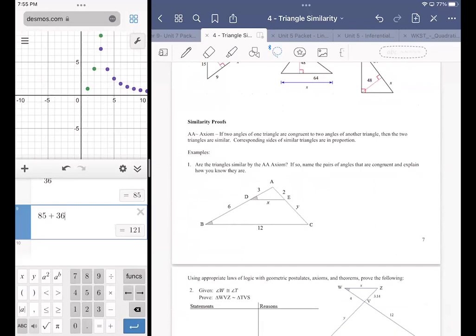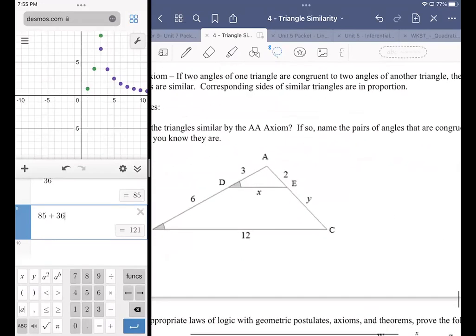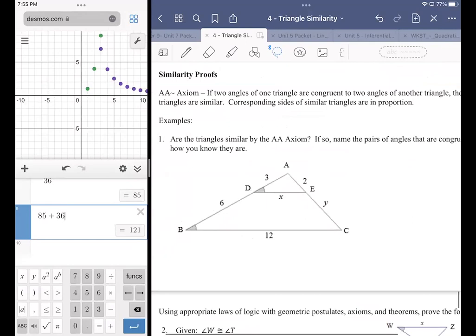Two pairs of corresponding congruent angles. If so, name the pairs of angles that are congruent and explain how you know they are. So, are they congruent? First we would show that they're in proportion, and then from there we would show that they're congruent.